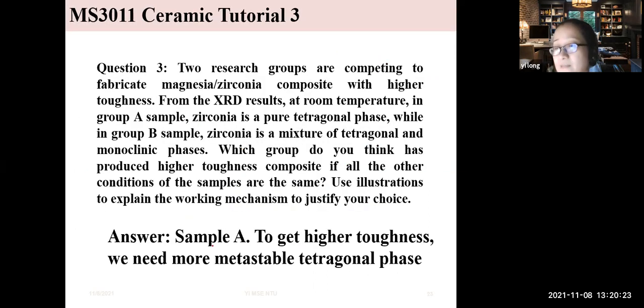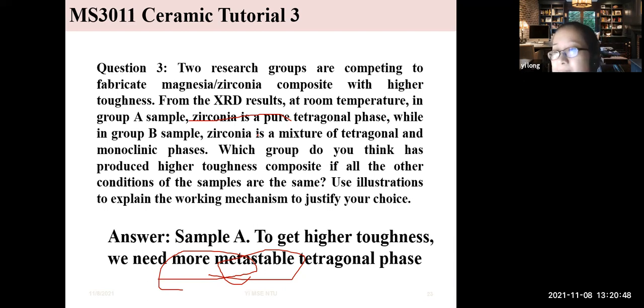So for sample A, to get higher toughness, we need more metastable tetragonal phase. Obviously this is very difficult. Why is it difficult to get so much tetragonal phase? You always need to remember that materials, if possible, always want to go back to the stable phase.